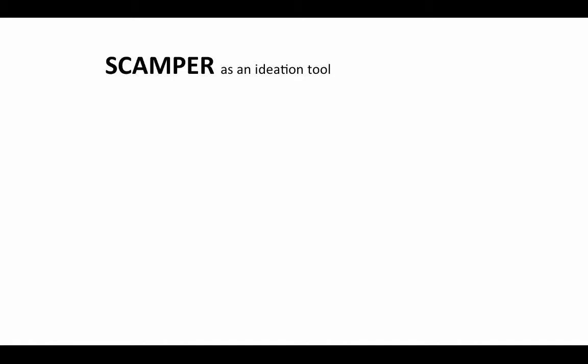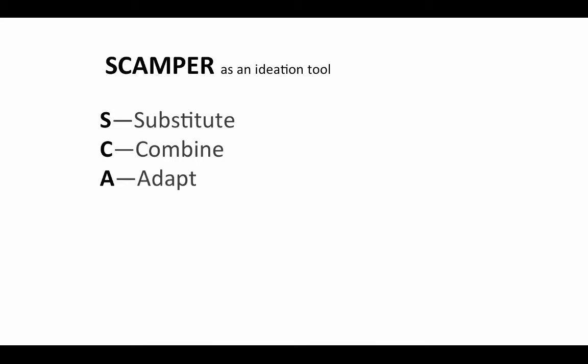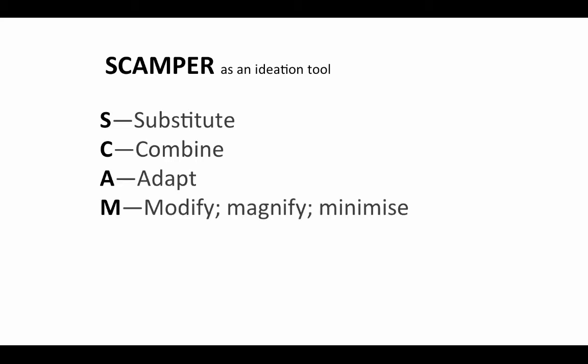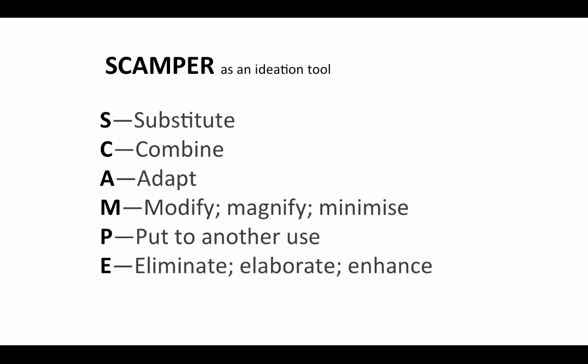So, what is Scamper all about? Well, Scamper helps us generate ideas. It does this through specific stages and steps, beginning with S for substitute, C for combine, A for adapt, M for modify or magnify or minimize, P for put to another use, E for eliminate or elaborate or enhance, and R for reverse or rearrange.